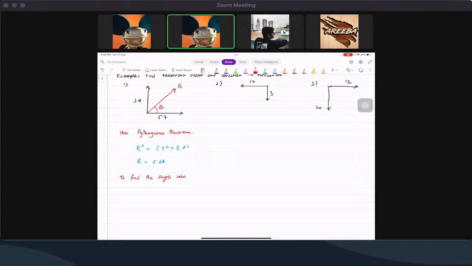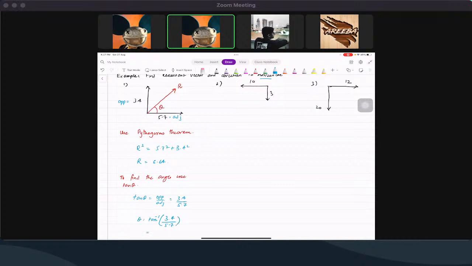Okay, then to find the angle, use tan theta. Now we know that tan theta is opposite over adjacent. In this one, this is the adjacent because it is next to the angle they want us to find from the horizontal. This is the opposite. So we'll write 3.4 divided by 5.7, and then to find theta we'll write in the calculator tan inverse of 3.4 divided by 5.7.